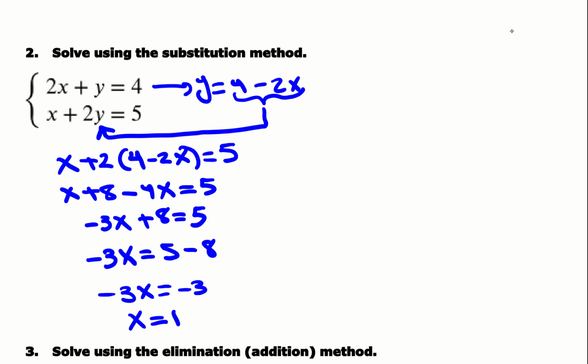Now that we have the value for x, we can plug it into any of these three equations to get the value for y. But of course, the best one would be this one right here, because it's already solved for y.